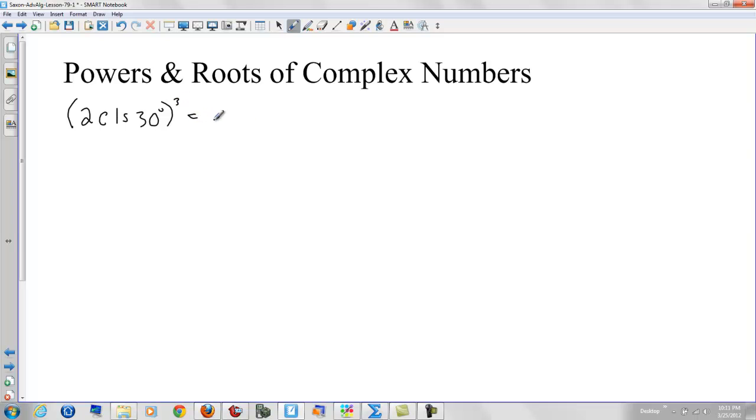And we learned that the method was that the coefficient or radius of the polar number was raised to the third power, and we multiplied the angle by the power, so 30 times 3. Which results in 8 cis 90 degrees.